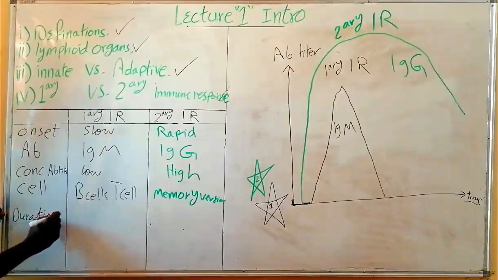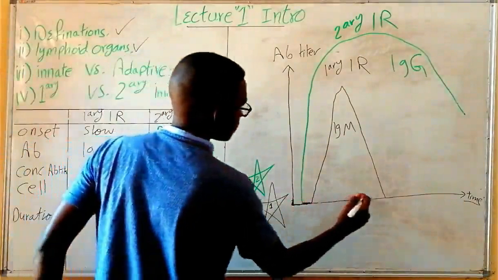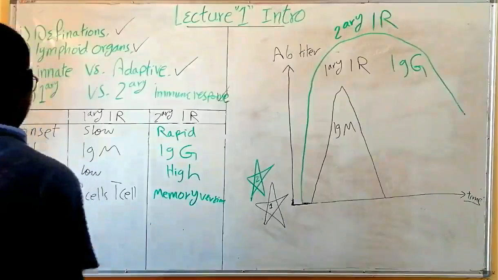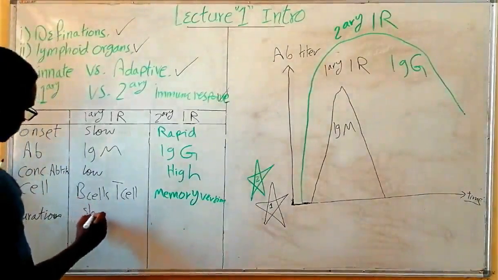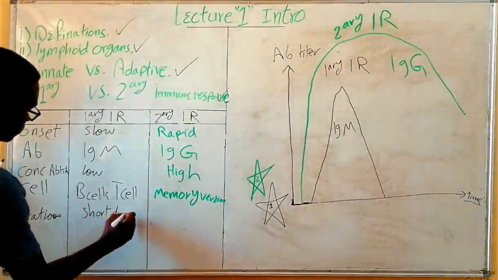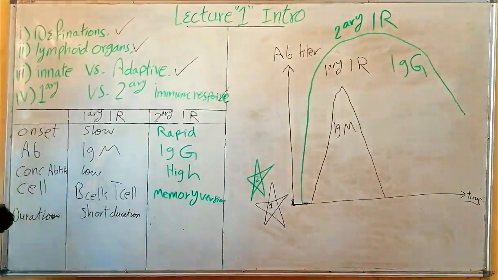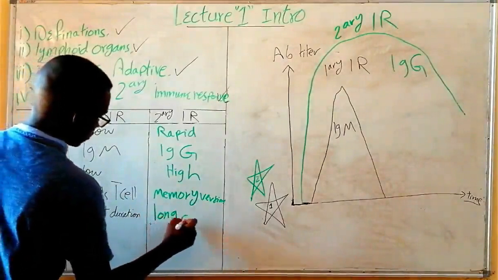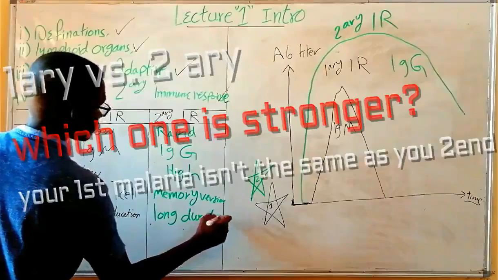You see, this is the primary, and this one is the secondary. What was this one? Long duration.